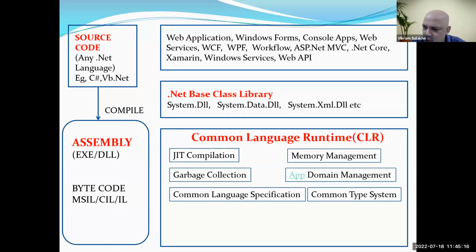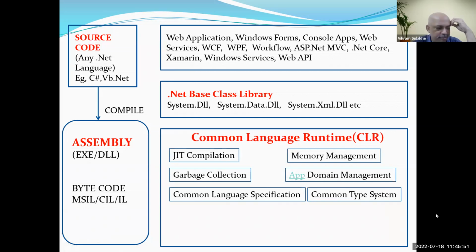Let's start with CLS, or Common Language Specification. CLS, if you want to write it down, is a set of rules that all .NET languages must follow. What is CLS? A set of rules that all .NET languages must follow. Now, again, I'll go back to one of the previous slides where I said that there are multiple languages in .NET.